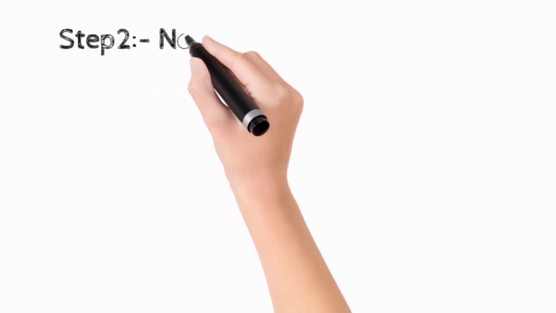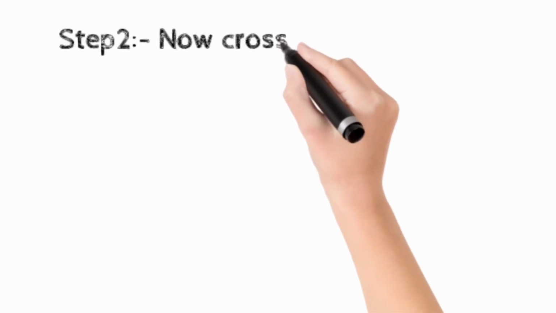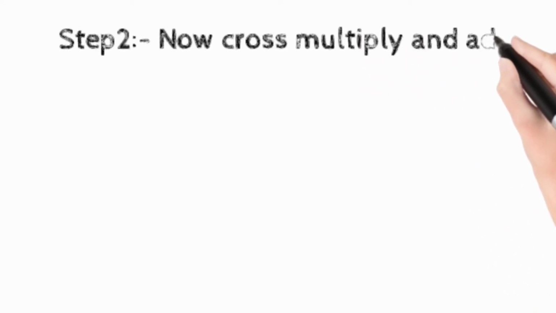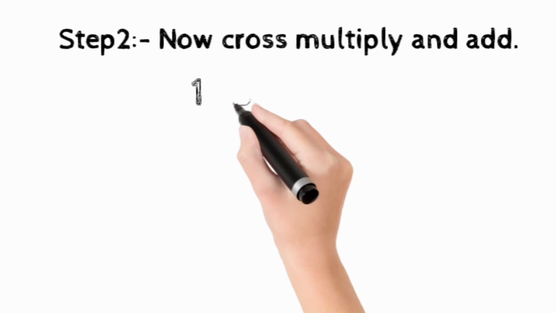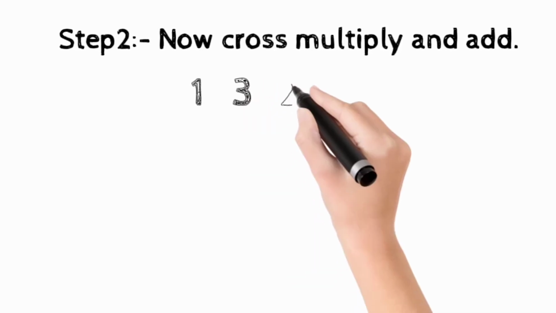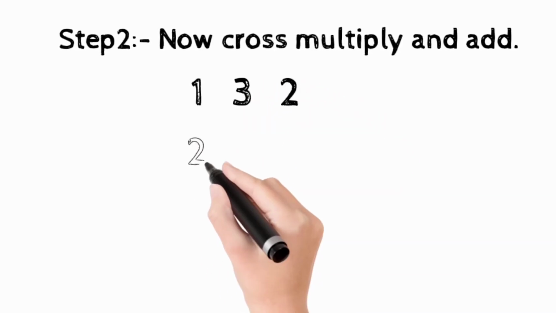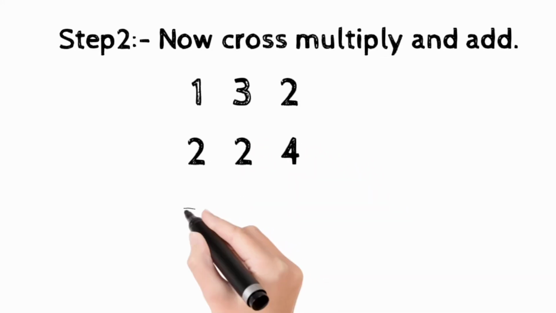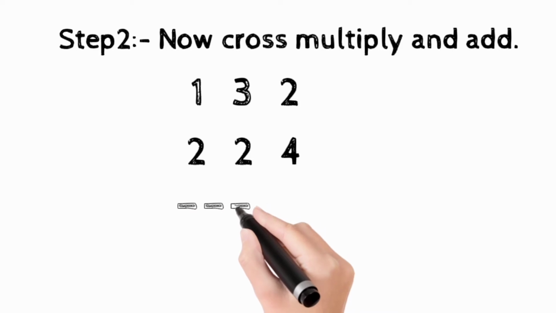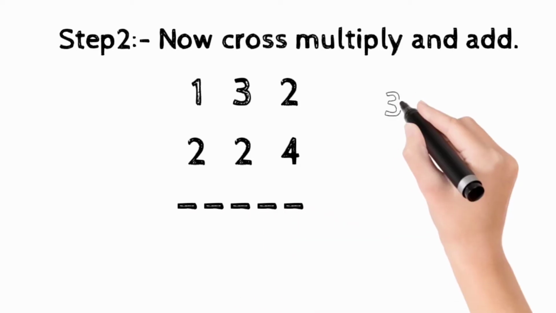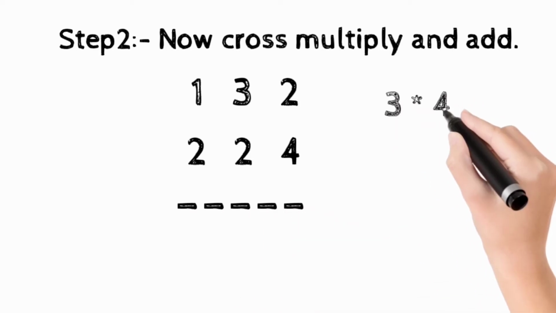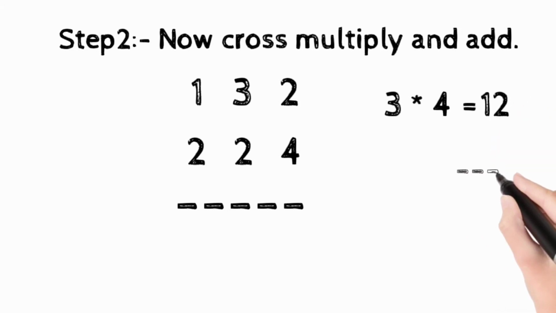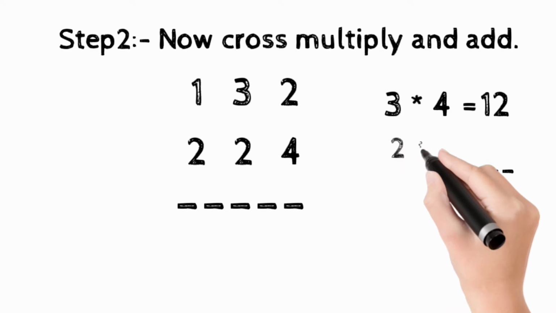In step 2 what are we doing? We are doing cross multiplication. Cross multiplication you know very well. In this the numbers are 132 and 224. First of all we will do cross multiplication of the last digits, 3 with 4 and 2 with 2, meaning the tens digit as well as the ones place unit digit.